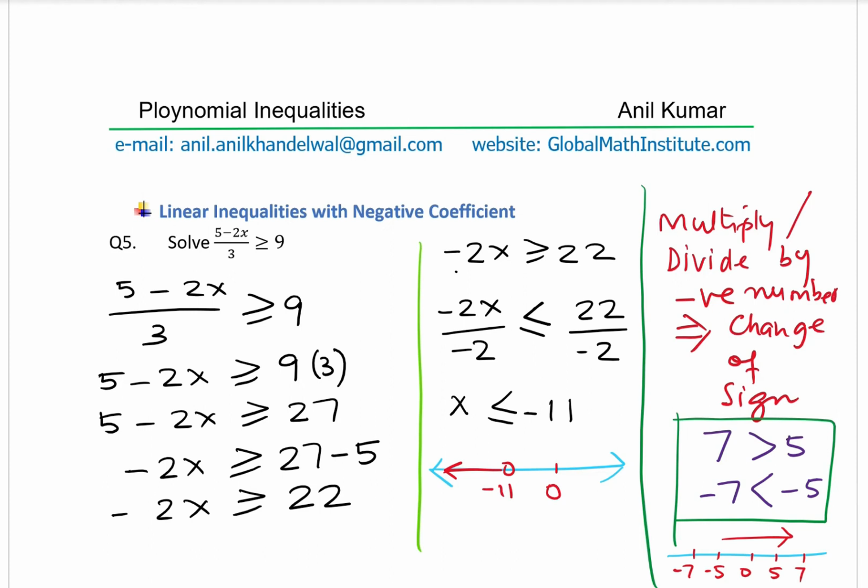Perfect. Now, here is another thing to consider, and let me put this as a tip. The tip for you in this particular case is, at this stage, instead of taking 5 to the other side, let me write from here. At this stage, what we could do is 5 minus 27 greater than or equal to 2x.